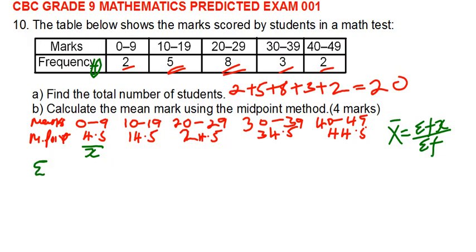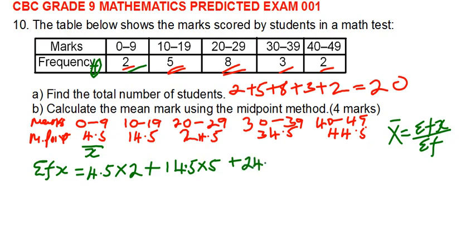You multiply the first midpoint 4.5 by 2, plus 14.5 multiplied by the frequency 5, plus 24.5 multiplied by 8, plus 34.5 multiplied by 3, and finally plus 44.5 multiplied by 2.